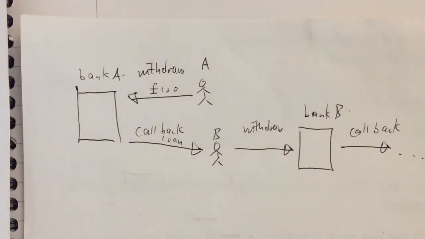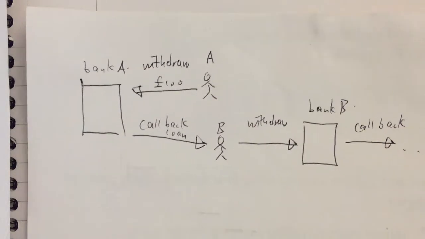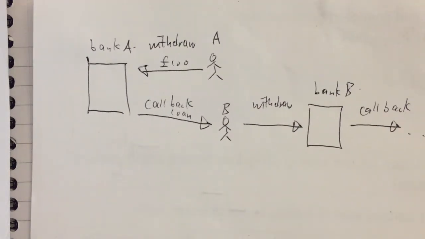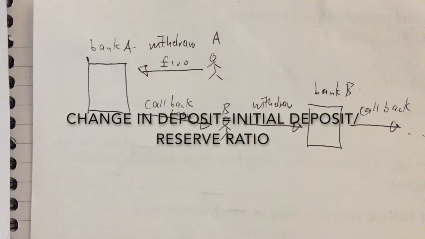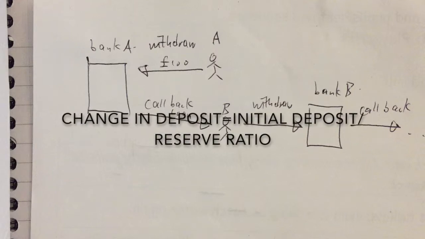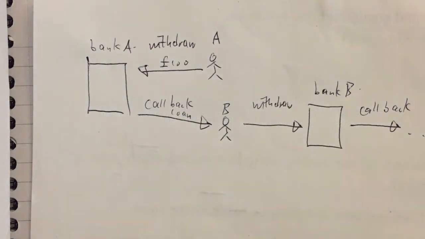To repay the loan, debtors will withdraw deposits from other banks, and then other banks will have a reserve shortage and call back loans. The process repeats until the change in deposit equals the initial change in reserve over the minimum required reserve ratio.